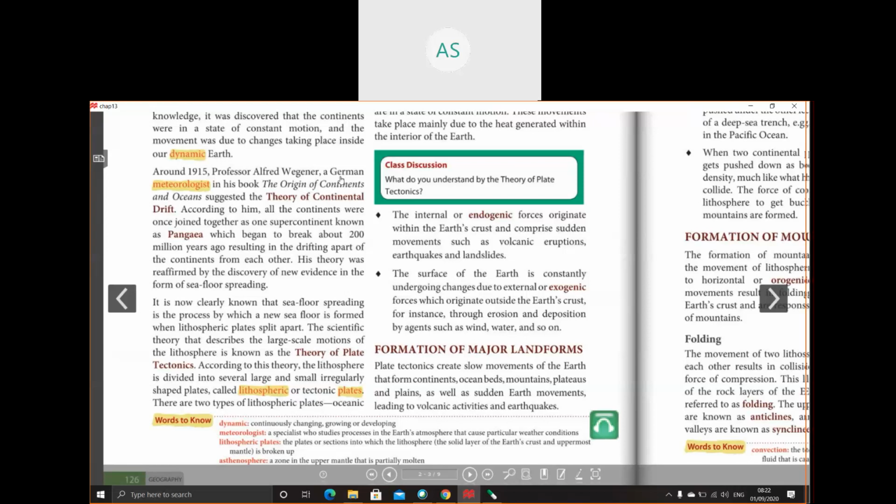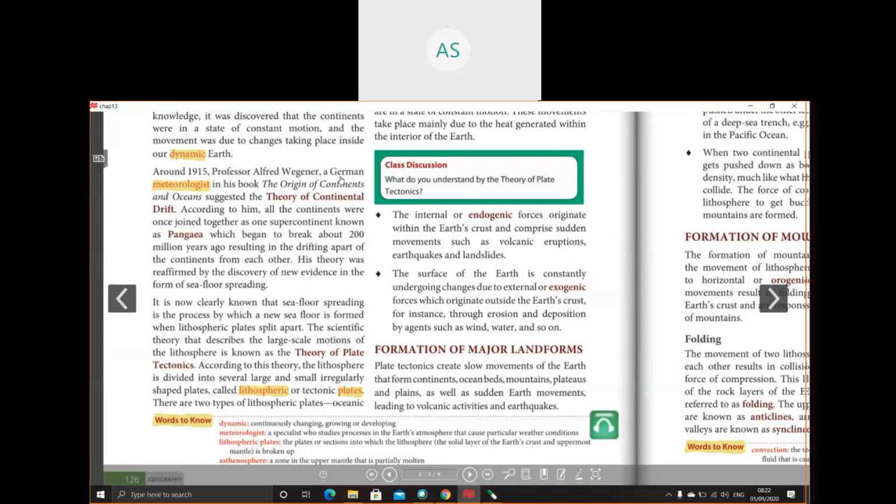so they were defined that in the starting all the continents were together, fixed, and they were called Pangea, which begins to break about 200 million years ago, resulting in the drifting apart of the continents from each other.